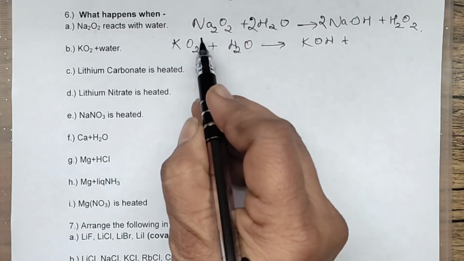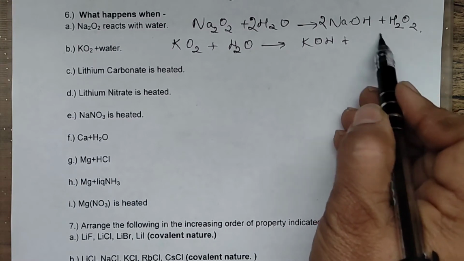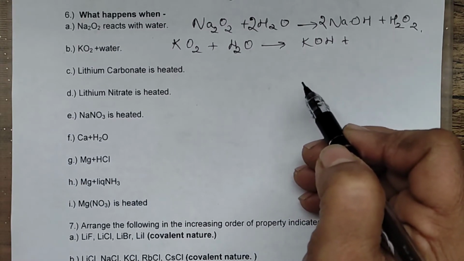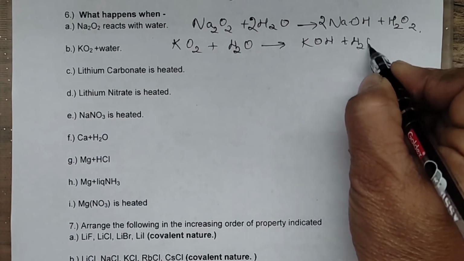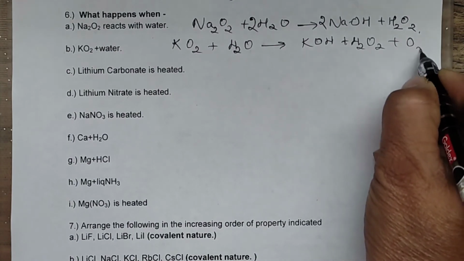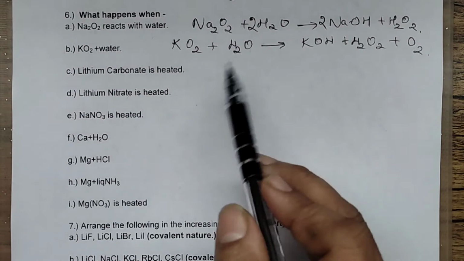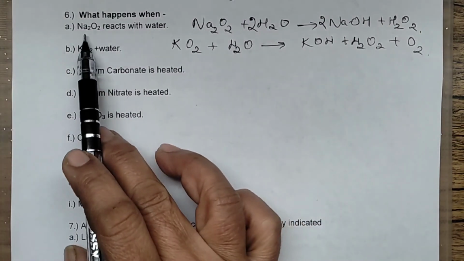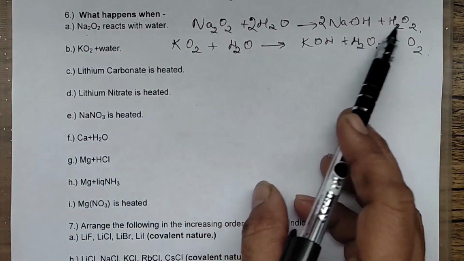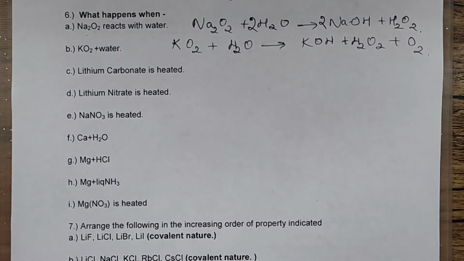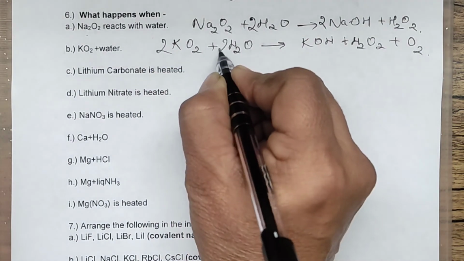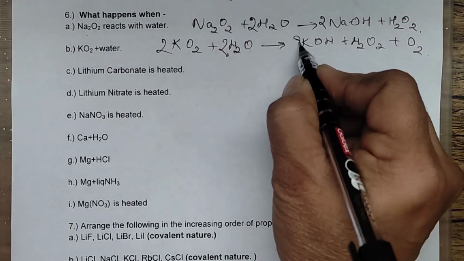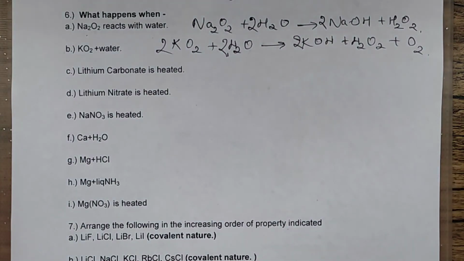When we are using this peroxide, it will form hydrogen peroxide only here. When it is superoxide, you will get hydrogen peroxide plus oxygen also. So just make note of that. If it is peroxide here, you will get hydroxide plus peroxide only. So you will have 2 here, 2 here and 2 here. Now it is balanced.